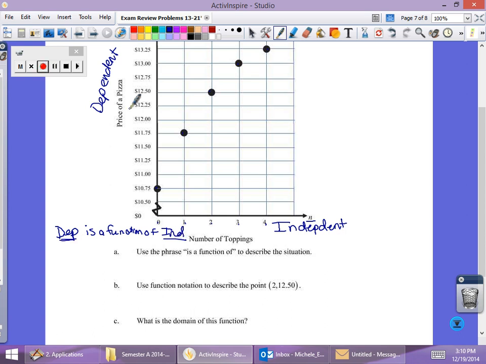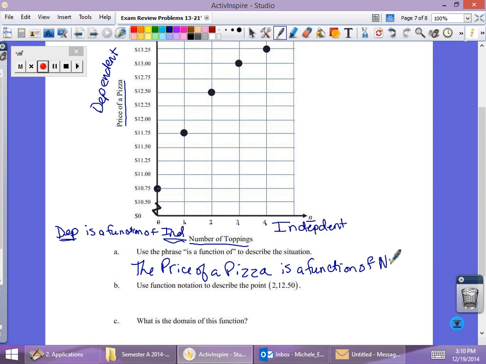So if my dependent variable is the price of a pizza, I will write the price of a pizza is a function of the independent variable, which is the number of toppings. So the price of a pizza is a function of the number of toppings. And if you stop and think about it, that makes sense. In order to find out the price of pizza, you have to know the number of toppings first.